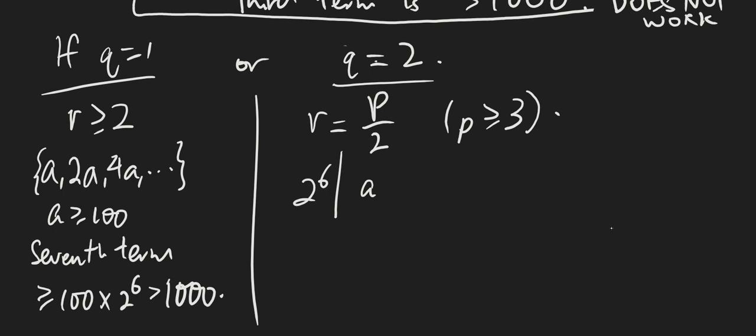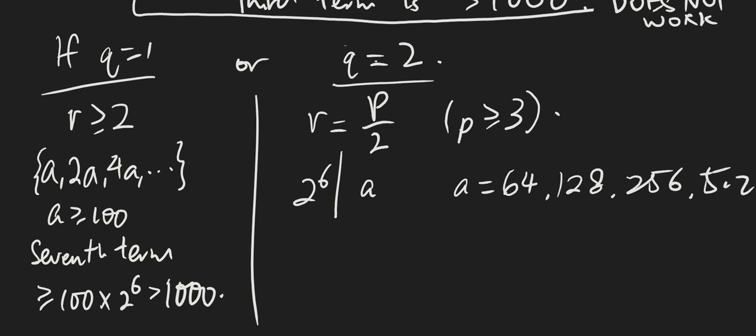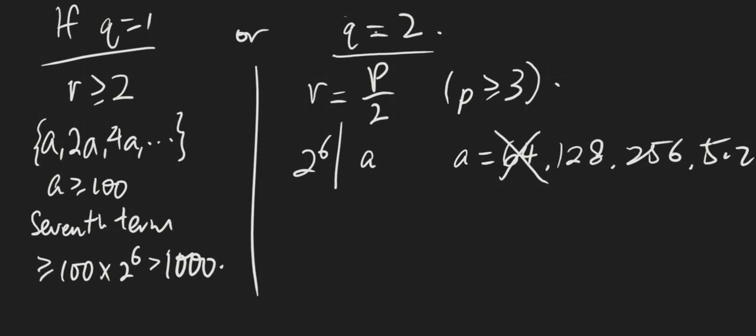So a must be 64, 128, 256, or 512. It can only be one of these 4, except 64, so it can only be one of these 3. So that isn't a very hard case.